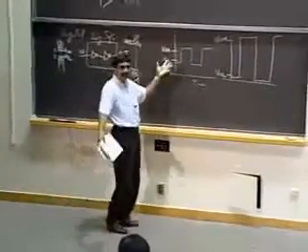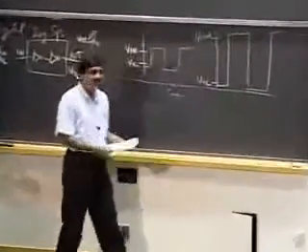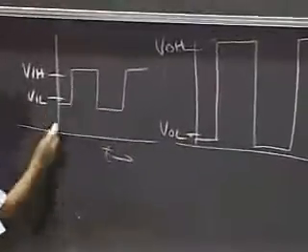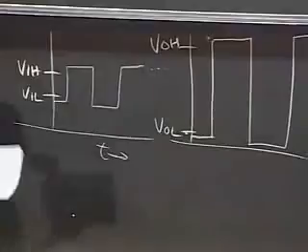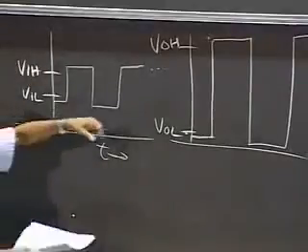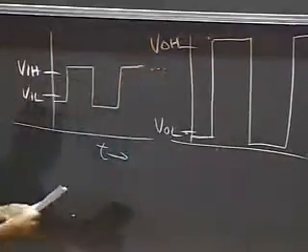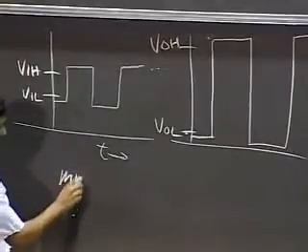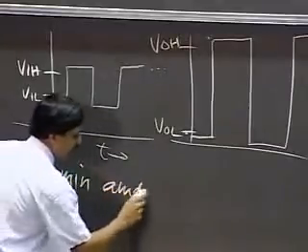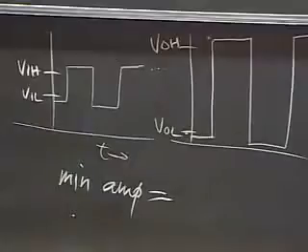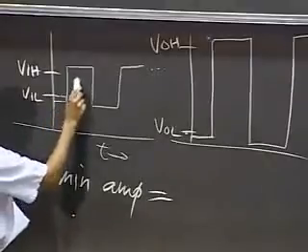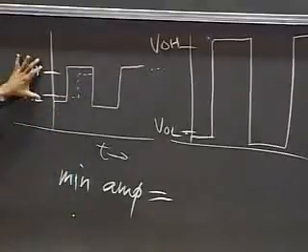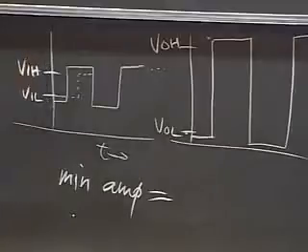Okay, you can see that intuitively, look, there's amplification happening here, and the reason is that VOL is chosen to be less than VIL, and VOH is higher than VIH, so therefore a signal has to be stretched. Signal has to be amplified. Okay? And what's the minimum amplification needed for the system to work? The minimum amplification is if I had a signal that looked like this. Okay, that barely skimmed the VIL, VIH level.